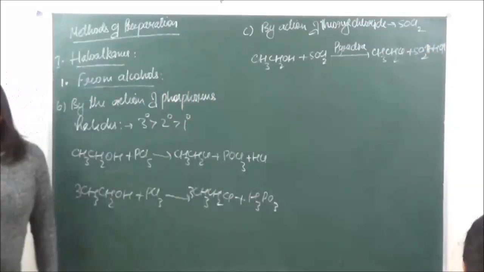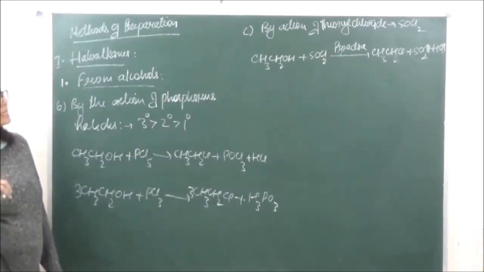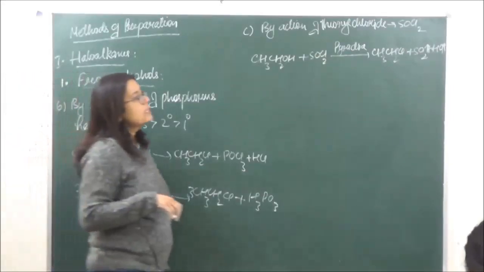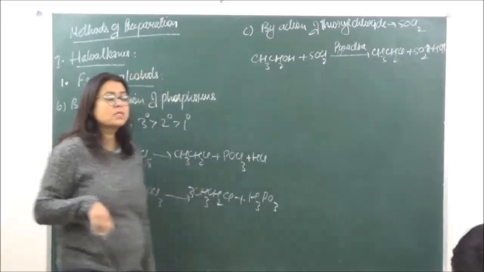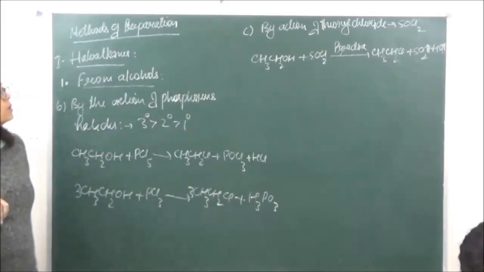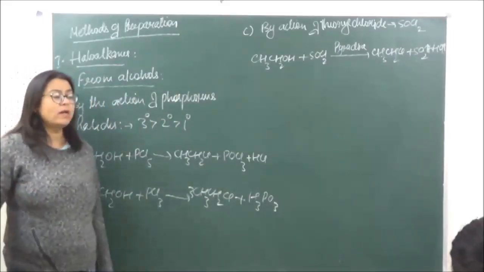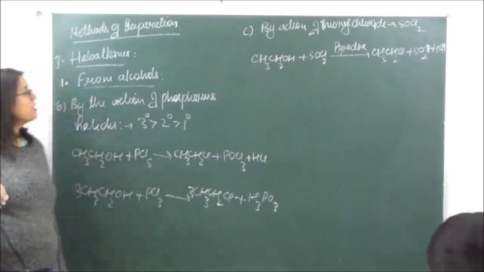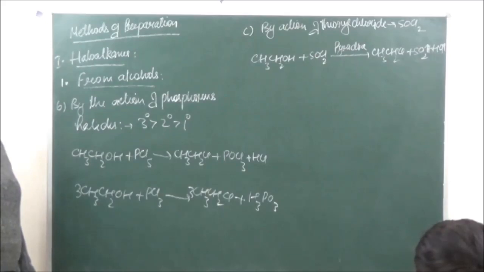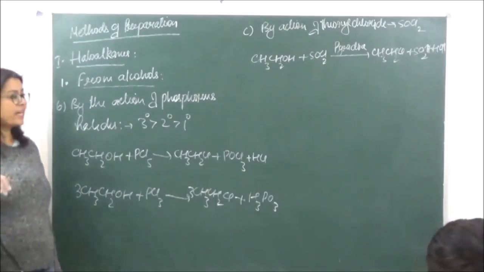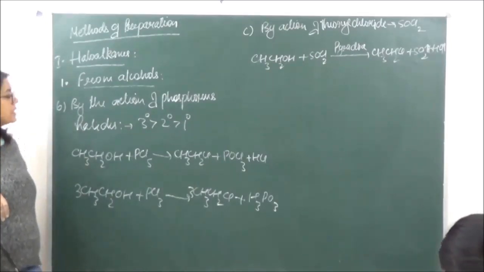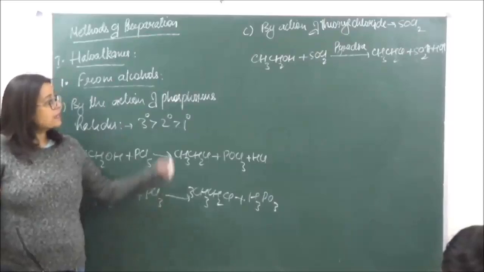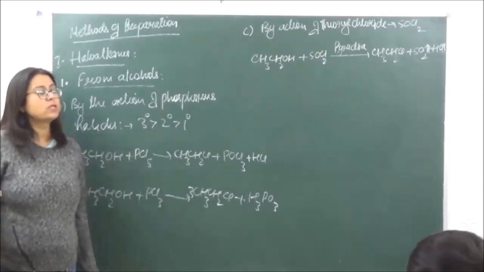So both are going to escape out easily, as a result of which a separation process may not be needed while we are preparing haloalkanes by this process. Okay? So this is the first method which we have done from alcohols. Alcohols we did with halogen acids, then with PCl5, then with PCl3, and then with SOCl2.